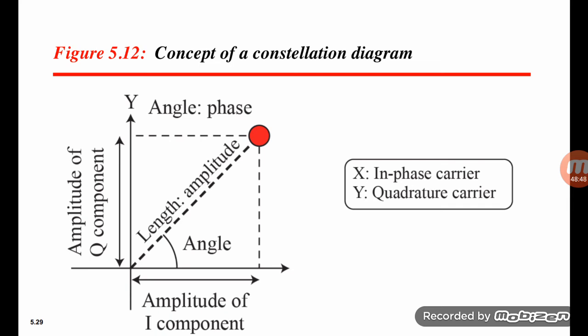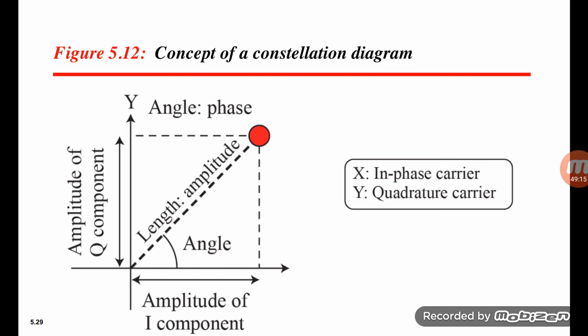Remember, this is the x-axis and this is the y-axis. We use vectors. This is a vector. The length of this vector is the amplitude of your signal. If the amplitude is 5 volts, the length is going to be 5. If the amplitude is 3 volts, the length of this vector will be 3.